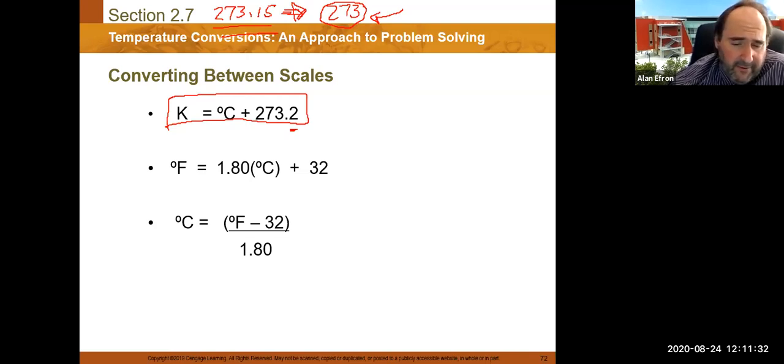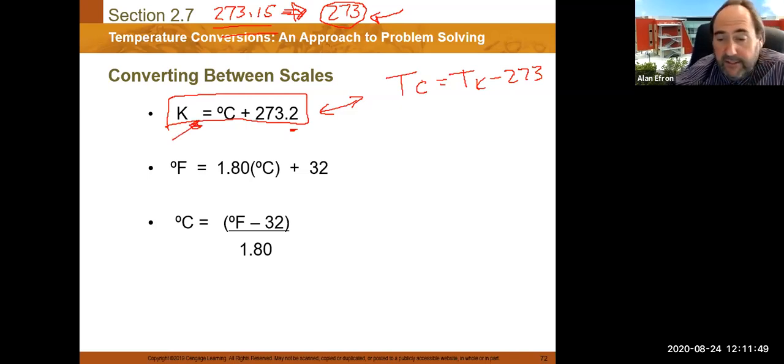Another important conversion: if you want the temperature in Celsius, you take the temperature in Kelvin and subtract 273. Nine times out of 10, you're doing the conversion from Celsius to Kelvin, but going the other way is important as well. If you want degrees Fahrenheit, you take 1.8 times the temperature in Celsius, plus 32.